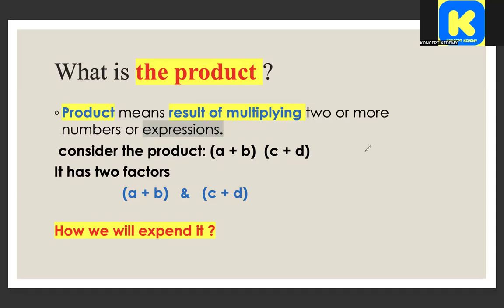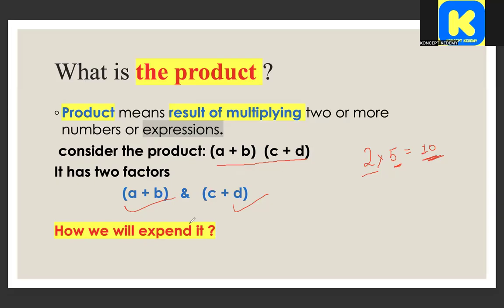Like if I write 2 into 5, we know that 2 into 5 is equal to 10. 2 and 5 are the factors, and 10 is the multiple, or you can say the product. In the same way, a plus b and c plus d are both factors taking part to form the product a plus b into c plus d.